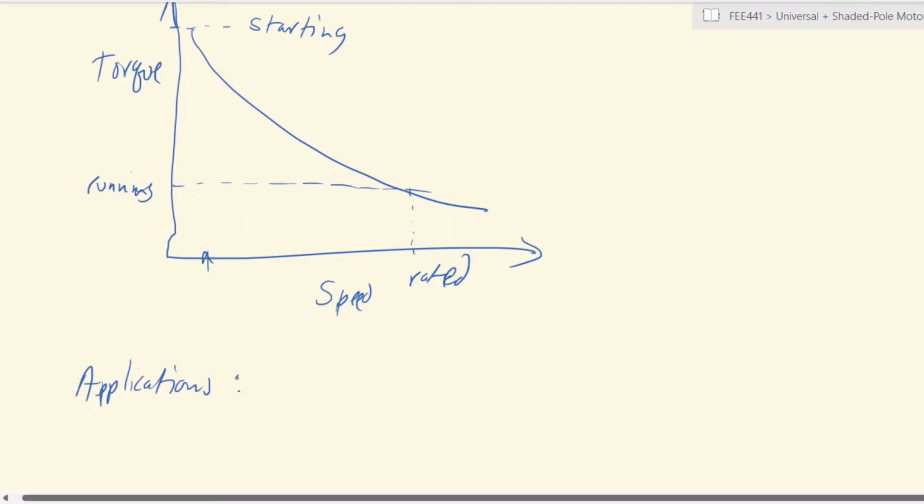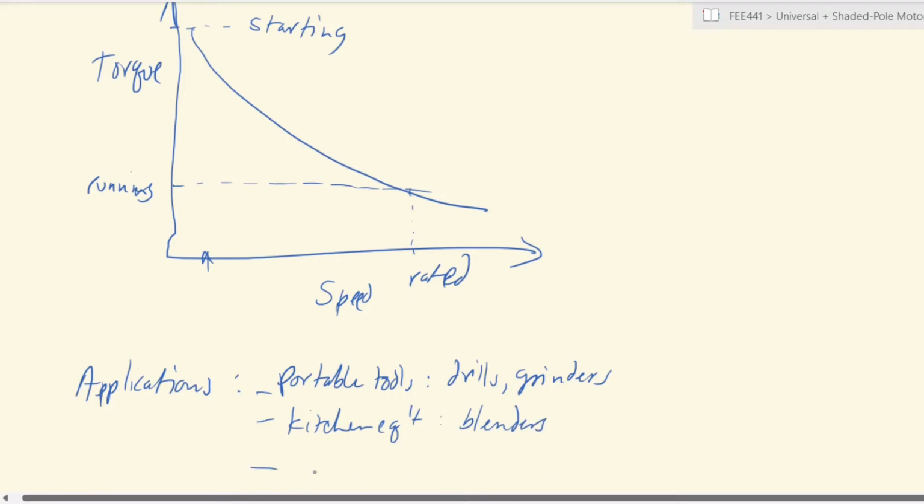So applications include portable tools such as drills, grinders, and the like. Sometimes kitchen equipment, domestic equipment, blenders, and so on and so forth.